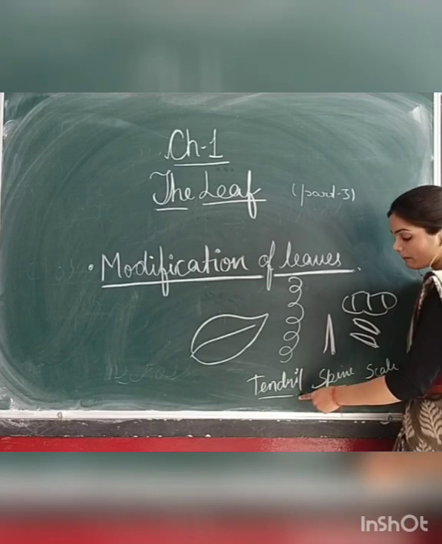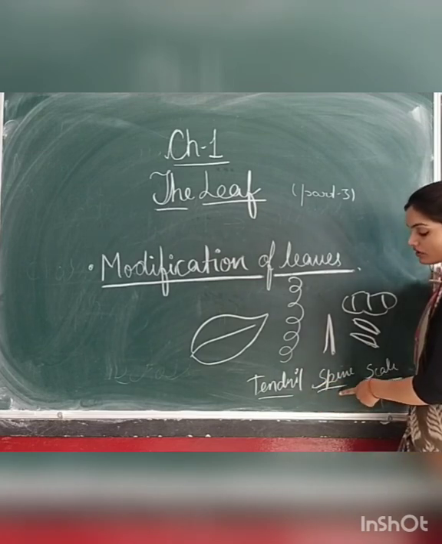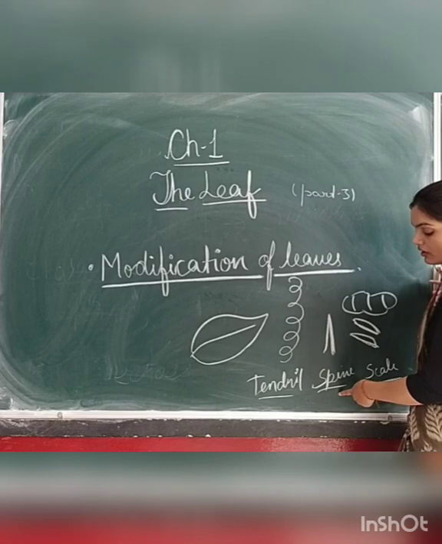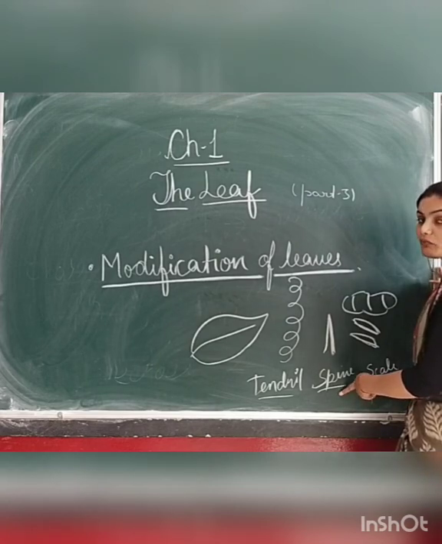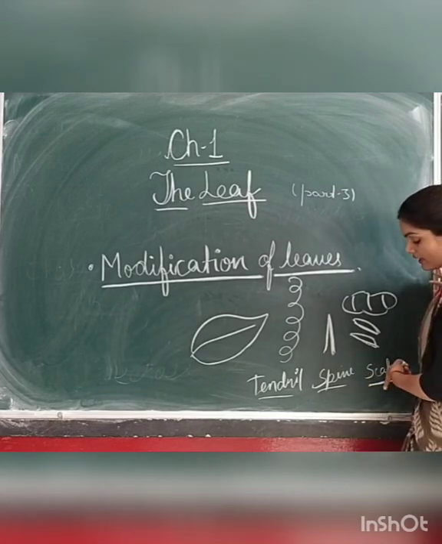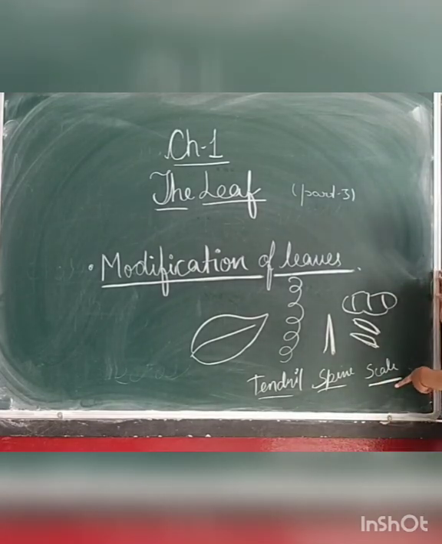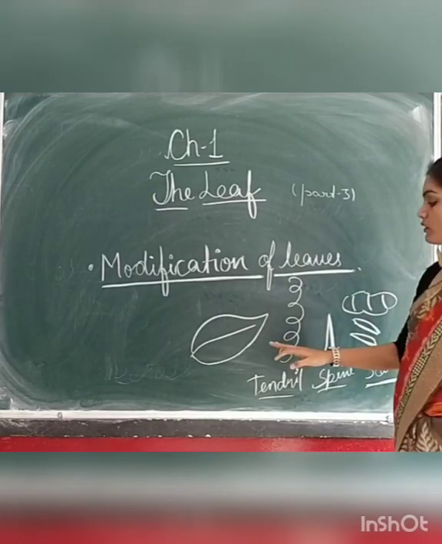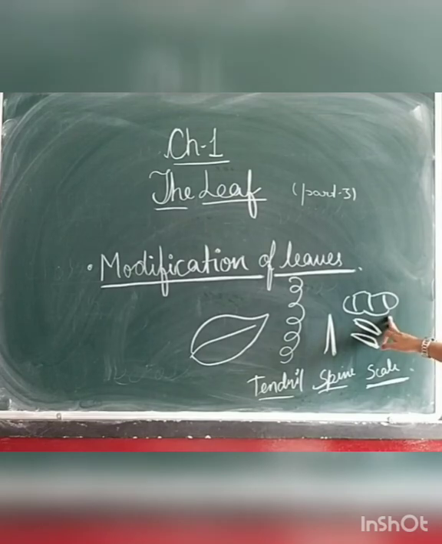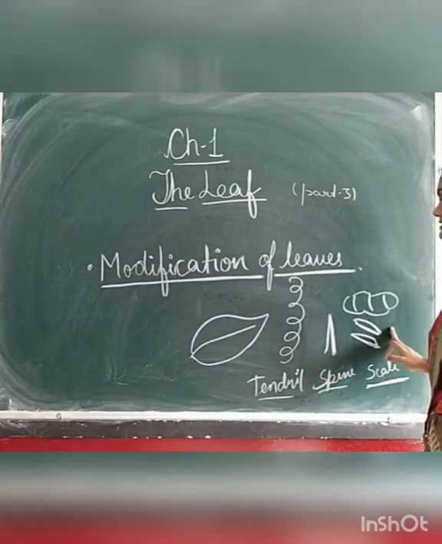It supports the plant. Spine is important to prevent the plant from water loss. The scaly leaves protect the plant buds, and they also contain food in them. So these were the three modifications of leaves: tendrils, spines and scales.